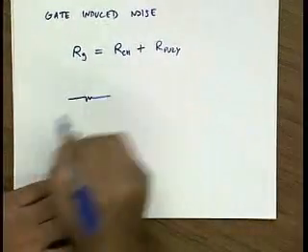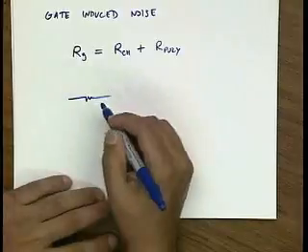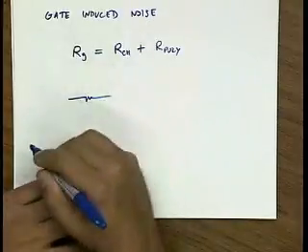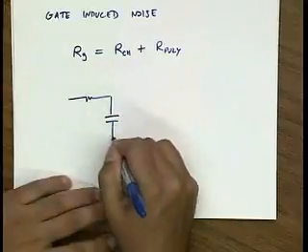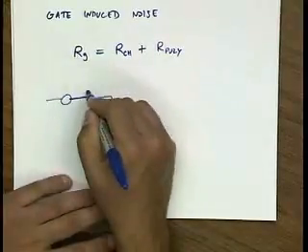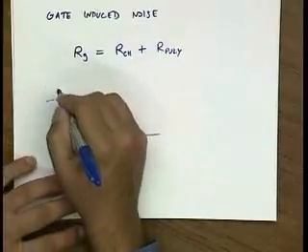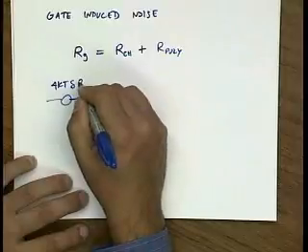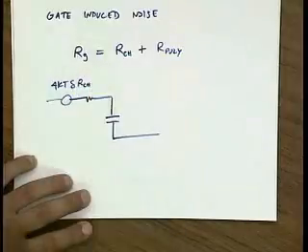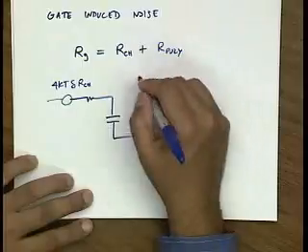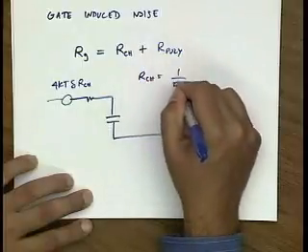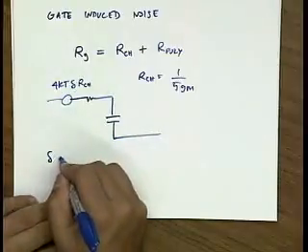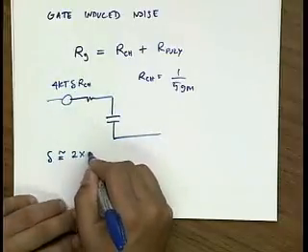Now, if you look in a textbook on the gate-induced noise, especially in Tom Lee's book, they mention that you can represent the gate-induced noise as either a current or a voltage. And if you represent it as a voltage, then the value of this gate-induced noise is 4kT delta times the intrinsic, let's say, channel resistance. Okay? And the channel resistance is 1 over 5 gm. And this factor delta is approximately 2 times gamma.